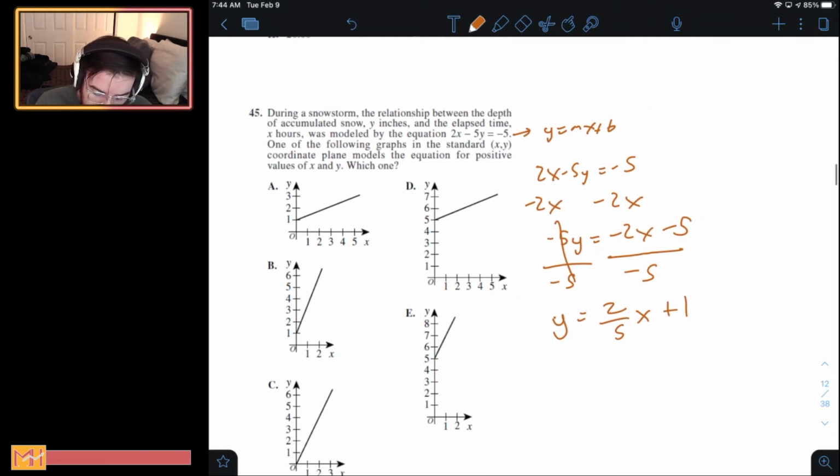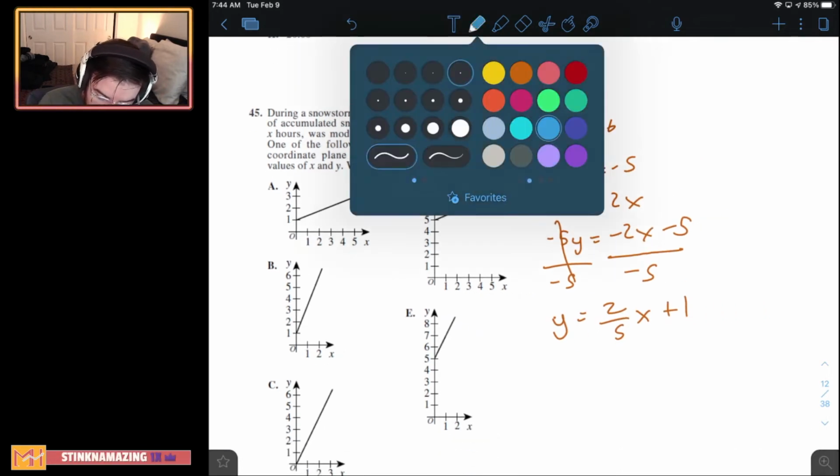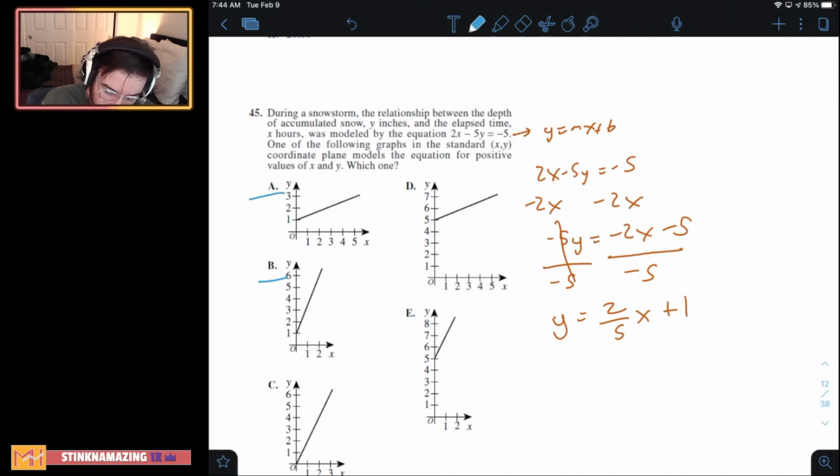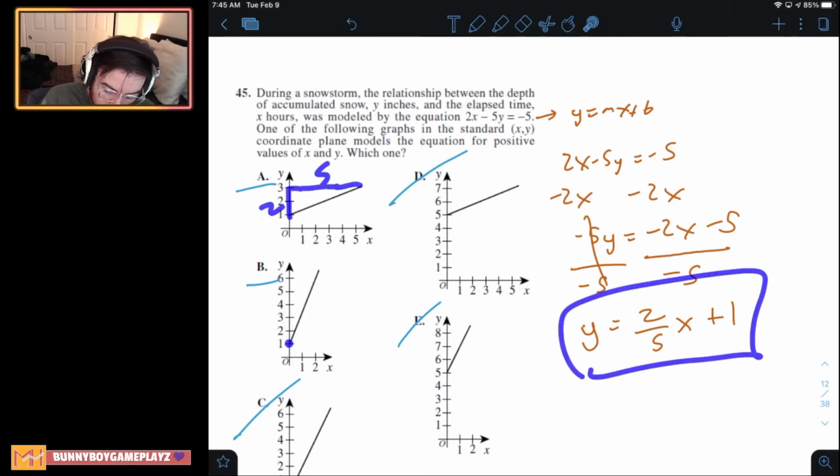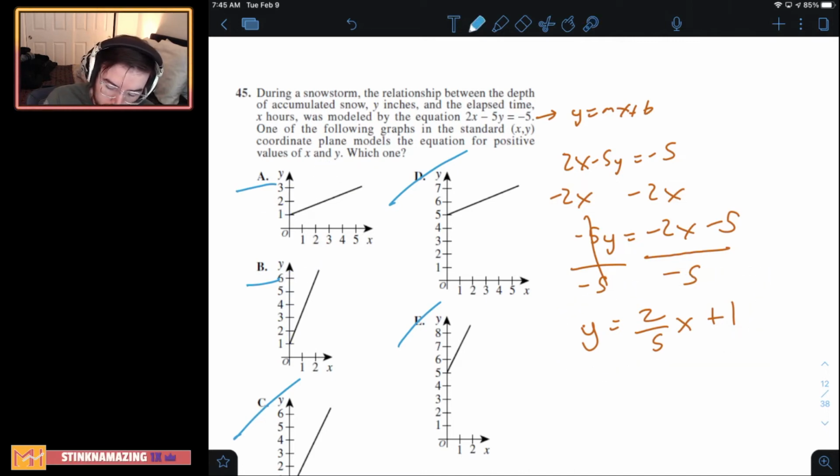So which one of these has a y-intercept at 1? Well, that would be option B or A, out, out, out. So now it's a matter of which slope looks correct. Up 2 over 1, 2, 3, 4, 5, right? That's exactly what this is. This is going up 5 and over 2. Option A is your right answer.